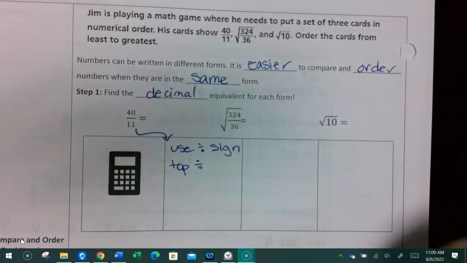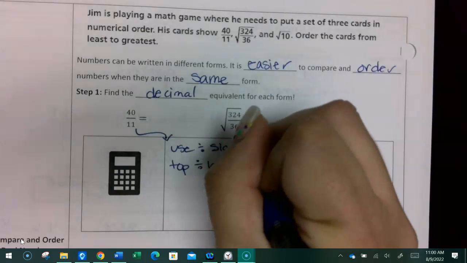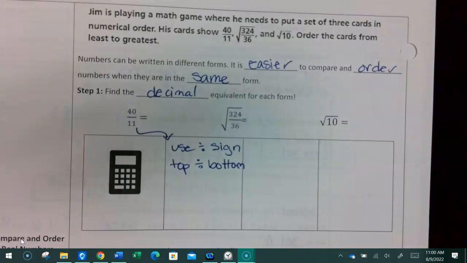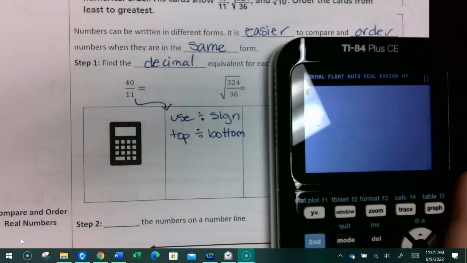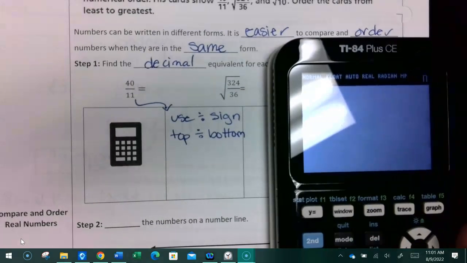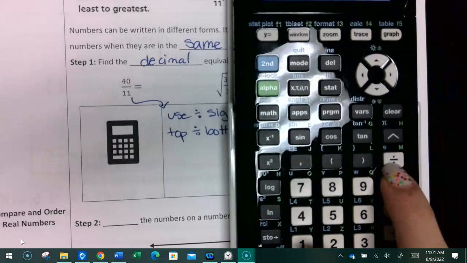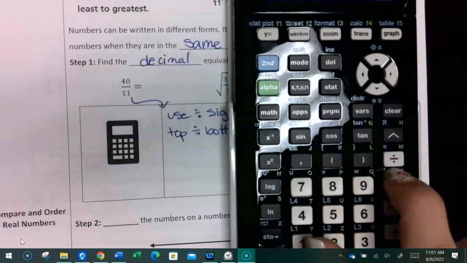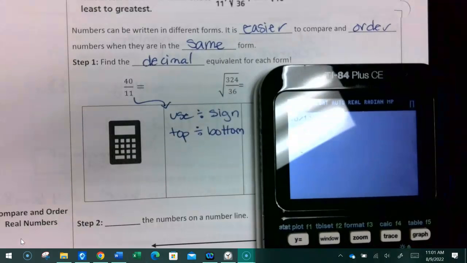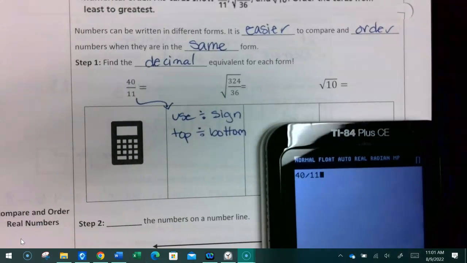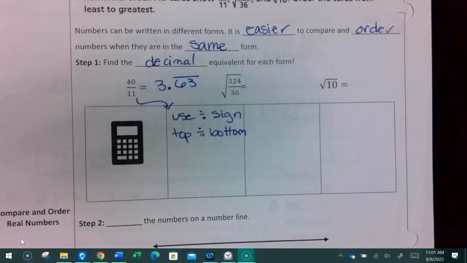I'm going to press the divide sign, and then I'm going to write the bottom number. So here I have my calculator. I'm going to do 40. My divide is right here. I think it's yellow on your calculator. I press that. Then I write my bottom number, which is 11. And then I press enter. So I'm going to write 3.63, and then the 63 repeats. So the 6, 3 gets a line over it.